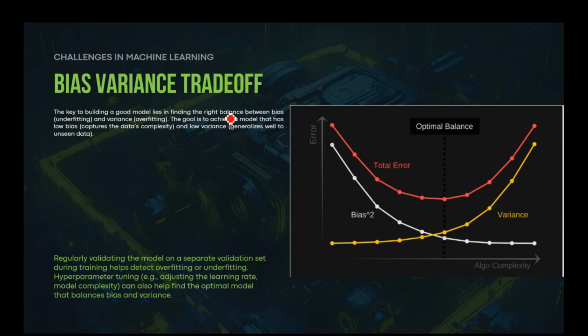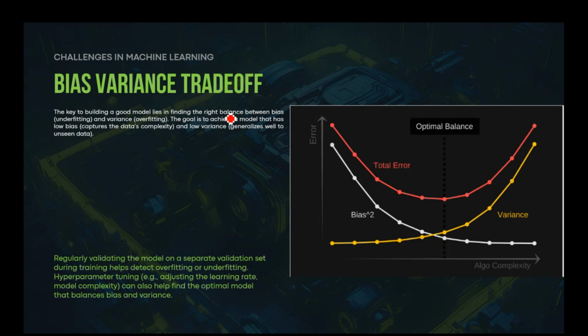I just said bias refers to the error introduced by approximating a real world problem, the error between your model accuracy and reality, like when you're able to make 100% accurate predictions. But if you talk about high bias, a model with high bias makes strong assumptions about the data, often oversimplifying the underlying relationship, right?